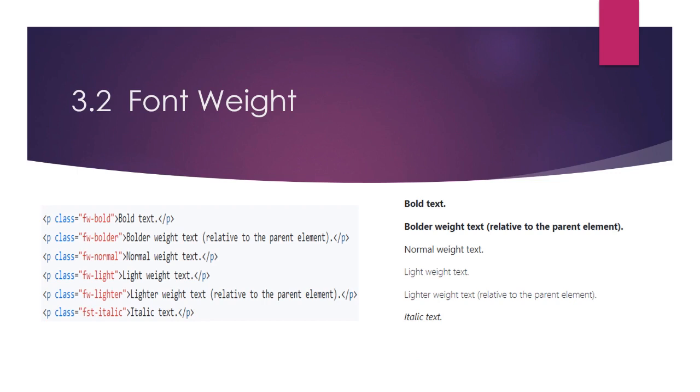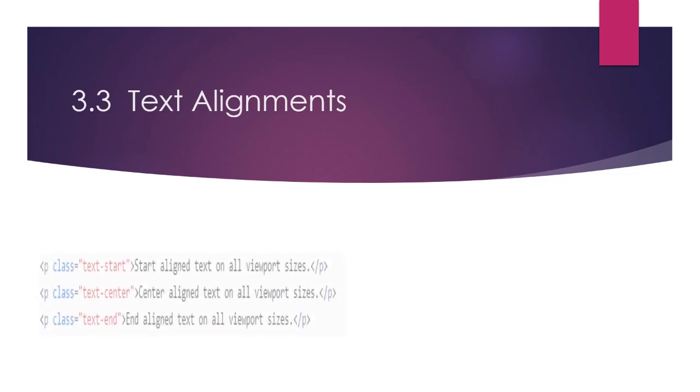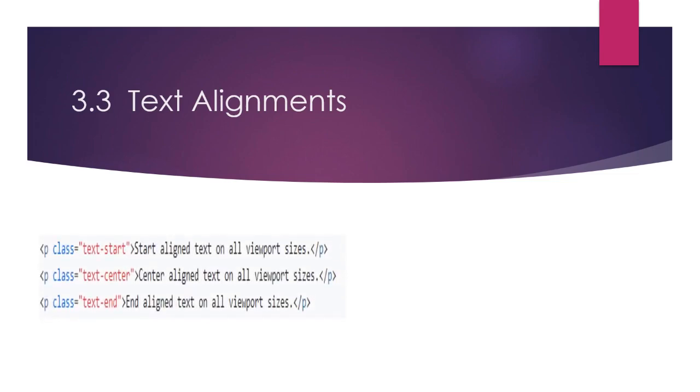So let's look at the next property. The next property we're looking at is text alignment. So text alignment is simply the positioning of the text. These are, let's say, the three main text alignments Bootstrap offers. You have text dash start, meaning that you want a text to appear at the front, at the beginning, so it's easy to understand.